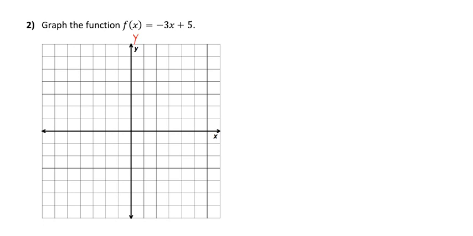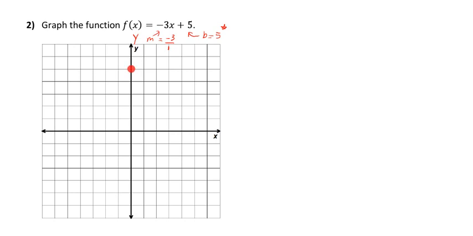Again, if we use the slope and the y-intercept, we in this case have a y-intercept of positive 5, and we start here, and then we have a slope of negative 3 over 1, and in this case we will start here at positive 5, which is right here.